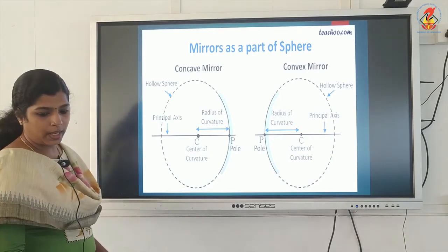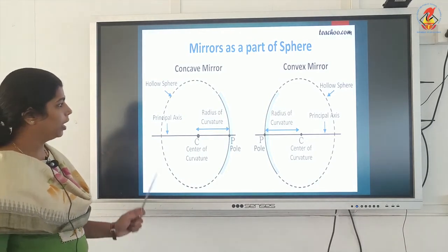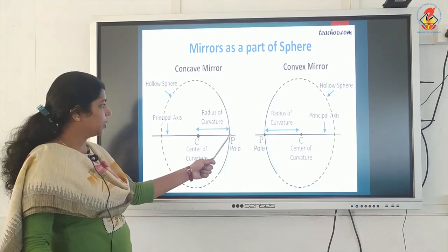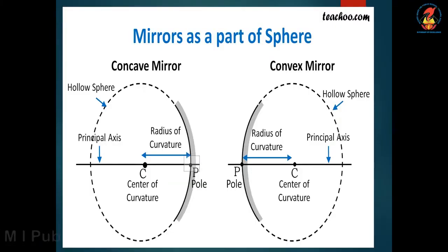The principal axis is normal to the mirror at the pole.